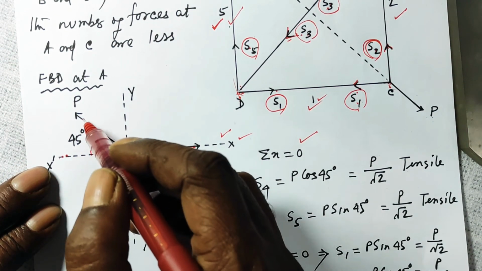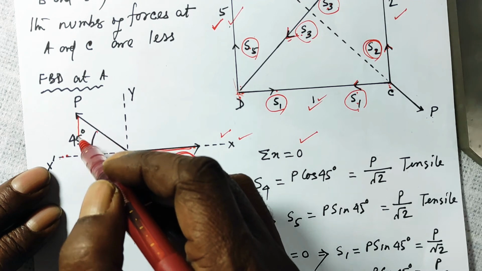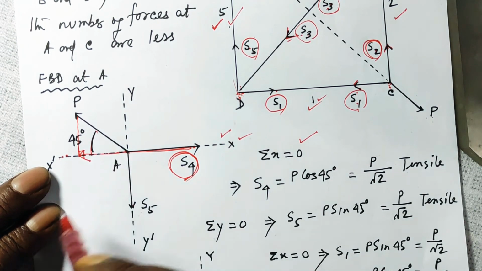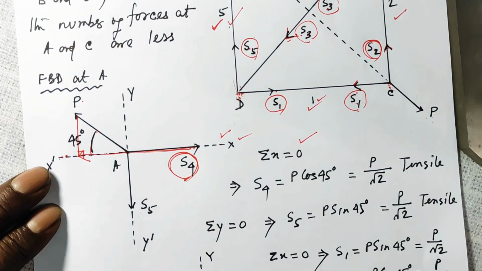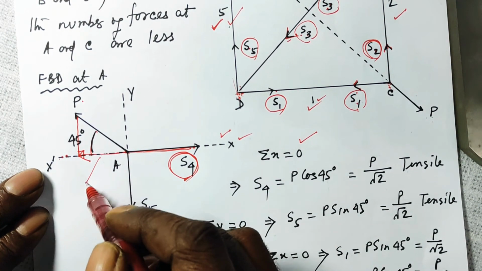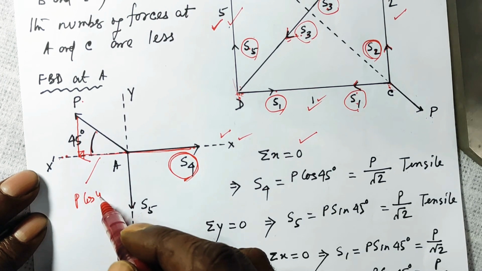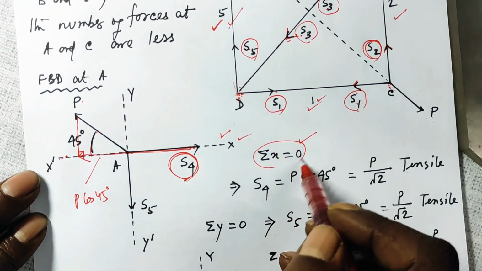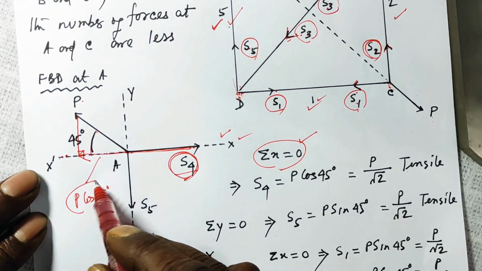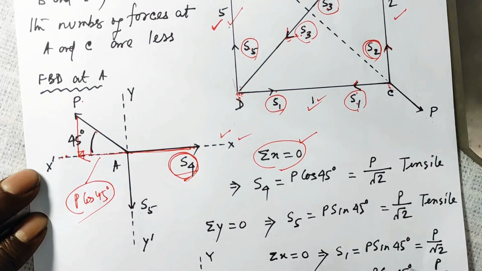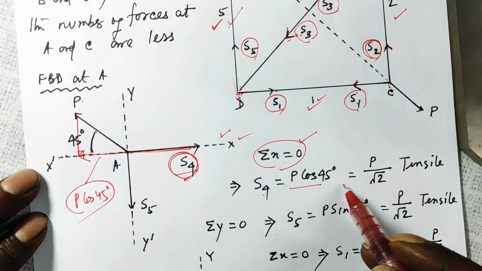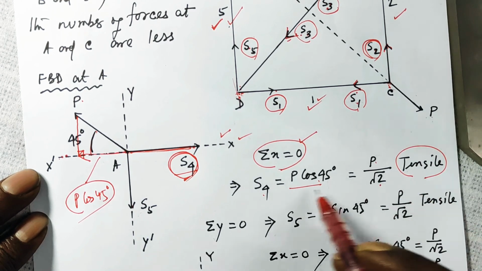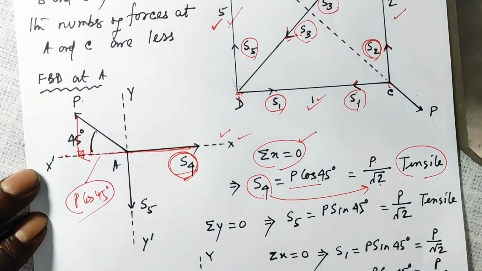If you take the component of P, if you drop a perpendicular here, from here to here will be P times cos 45, and S4 is to this side. For sigma x to be 0, S4 must be equal to P cos 45. So S4 is equal to P cos 45, put the value of cos 45, P over root 2. This is a tensile force, so S4 is found out.